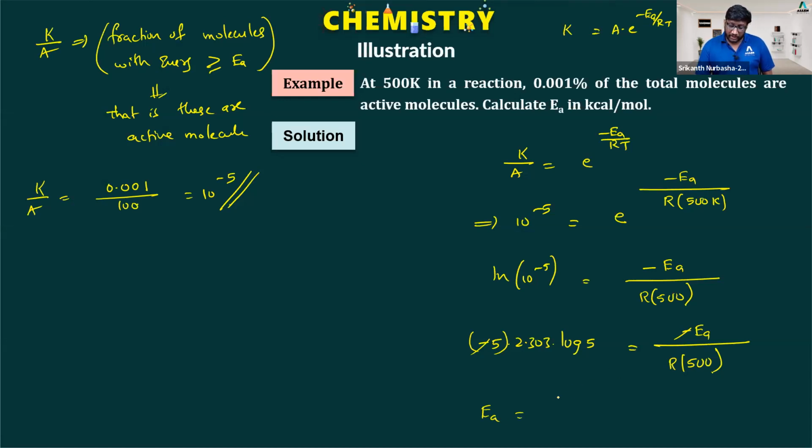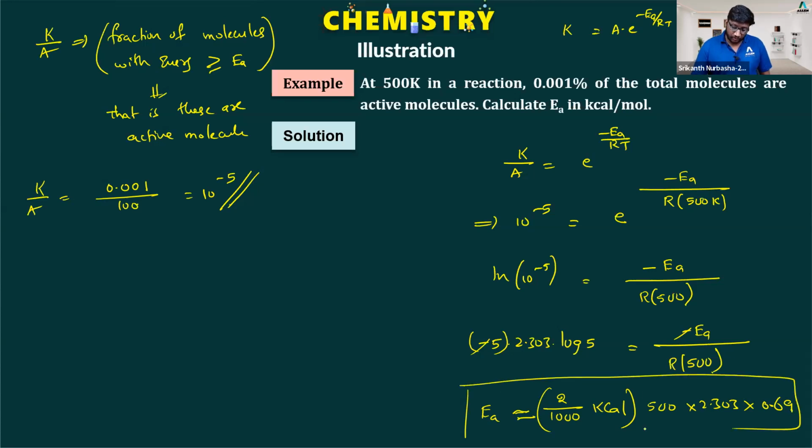R you can write as 2 divided by 1000 kilocalories, into 500, and the left side is 5 into 2.303 into log 10. This is the value of activation energy in kilocalories. Check the answer: 11.5 approximately. Is that true?